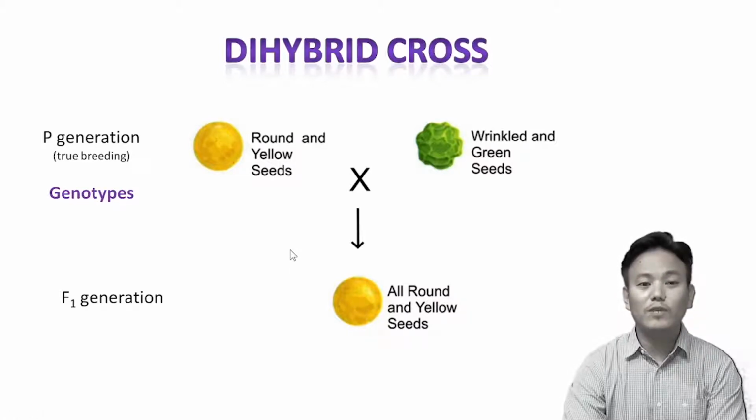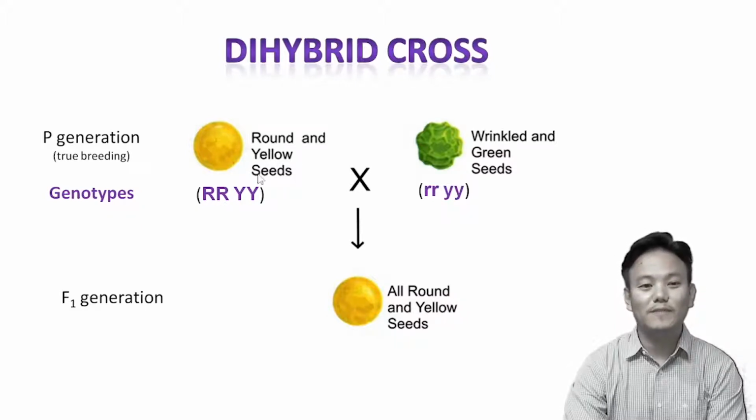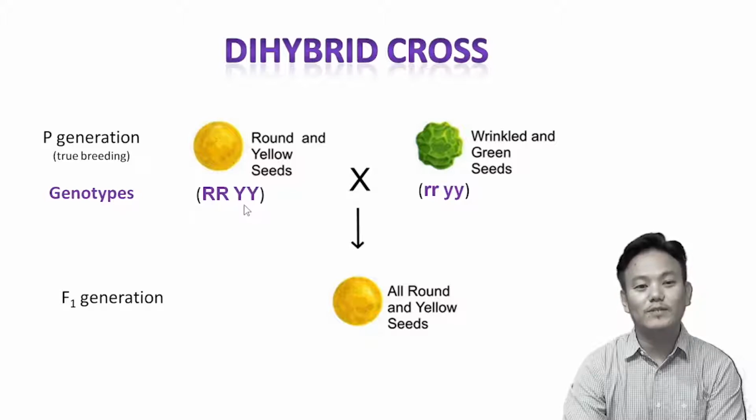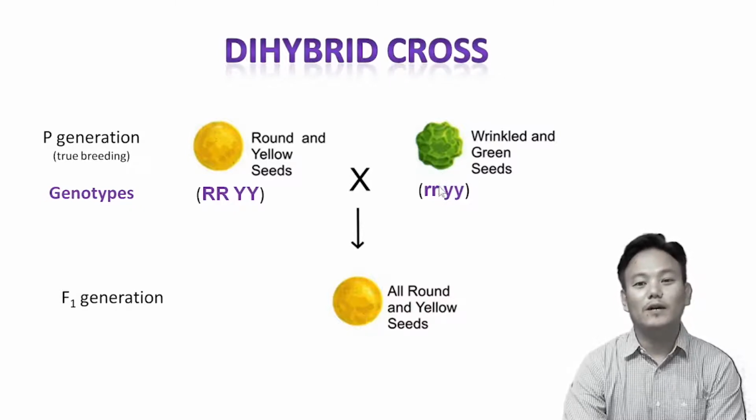So the genotypes for these two parental individuals were: for this particular plant, the roundness of the seed is governed by two homozygous dominant alleles, and the yellow color seed trait is also controlled by two homozygous dominant alleles. So this is a true breeding plant and it is homozygous for both the traits. This is also homozygous for both the traits, two small r's and two small y's.